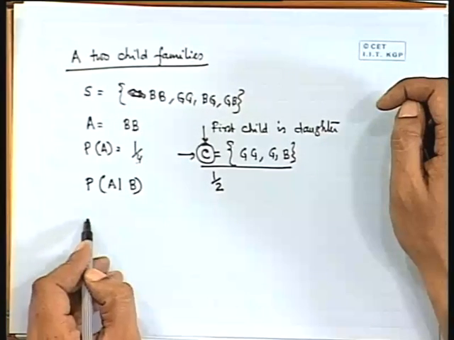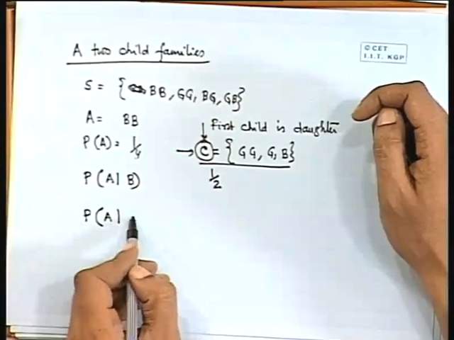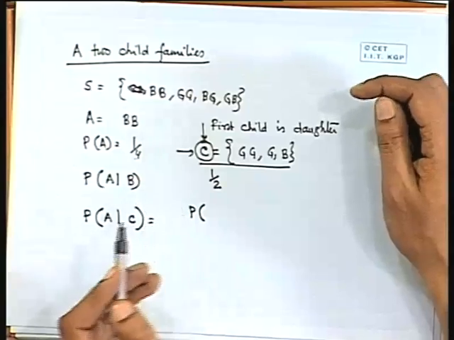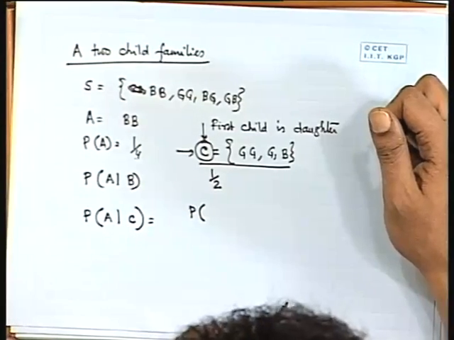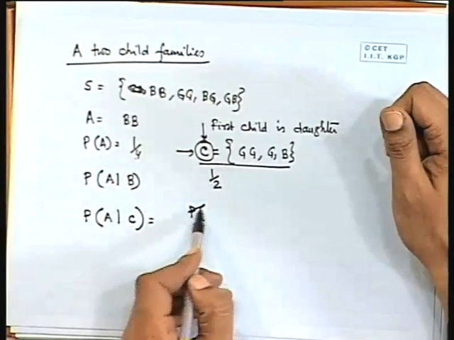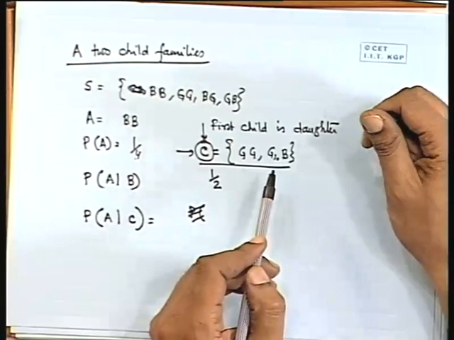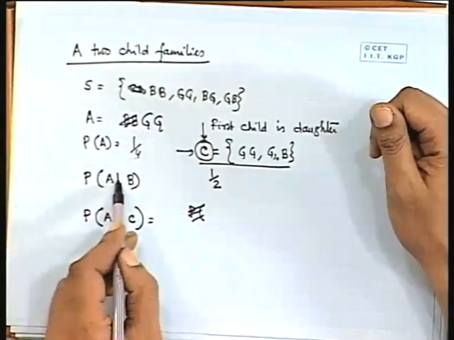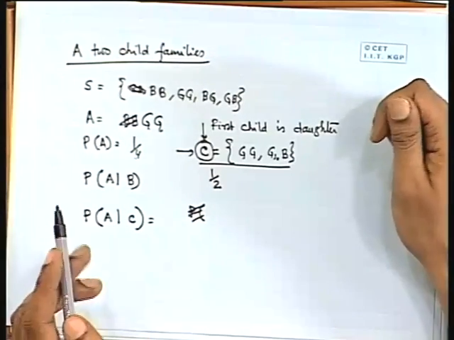So now we can say, what is the probability of A given C? No, we are talking about GG, right? So what is the probability of A given C?